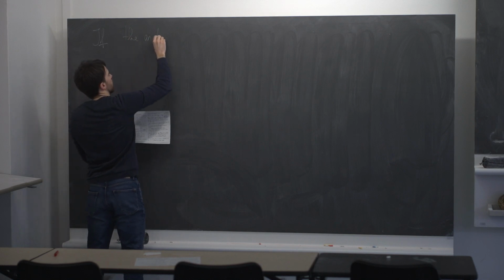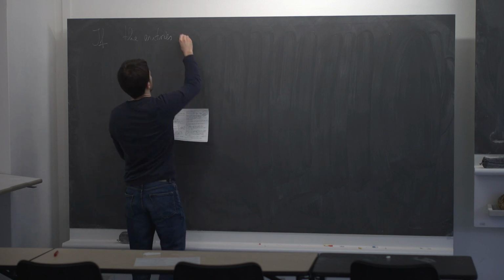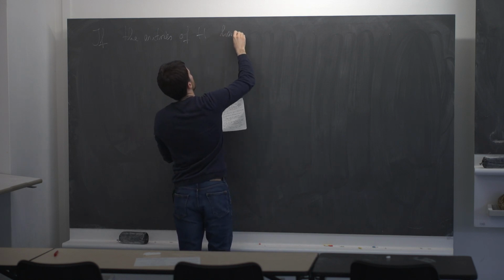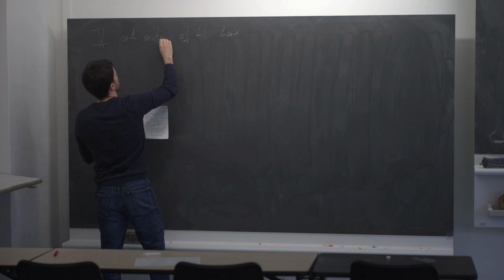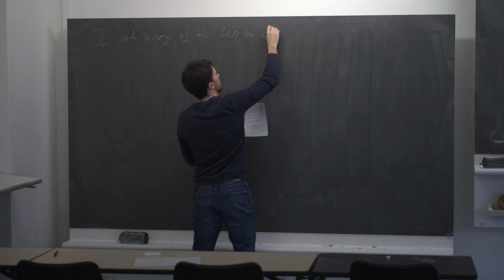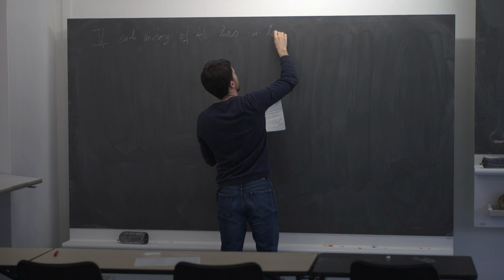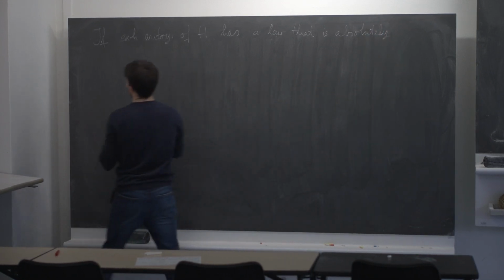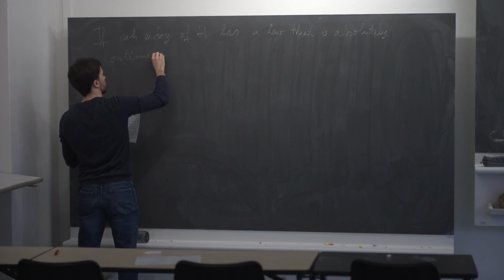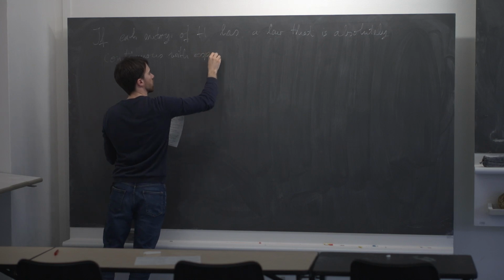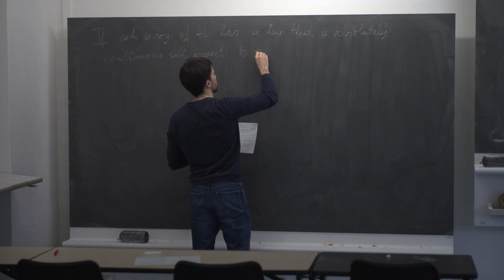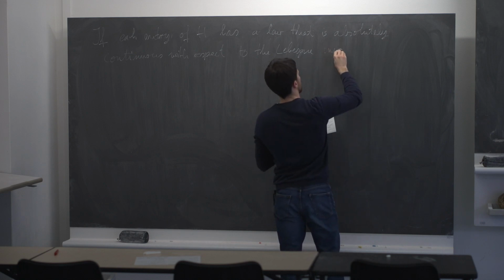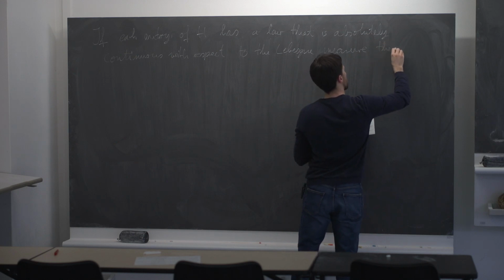absolutely continuous law, then this is still true that I can define the k-point correlation function if each entry of H has a law that is absolutely continuous with respect to the Lebesgue measure.